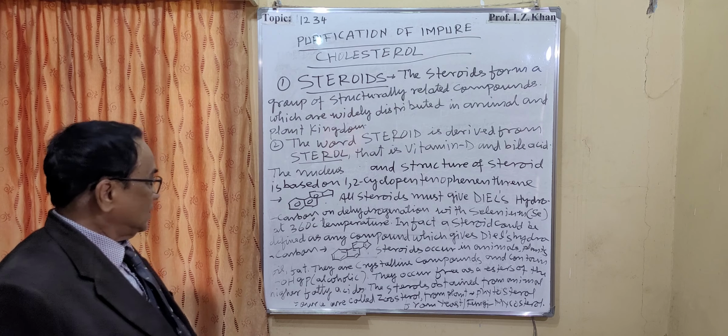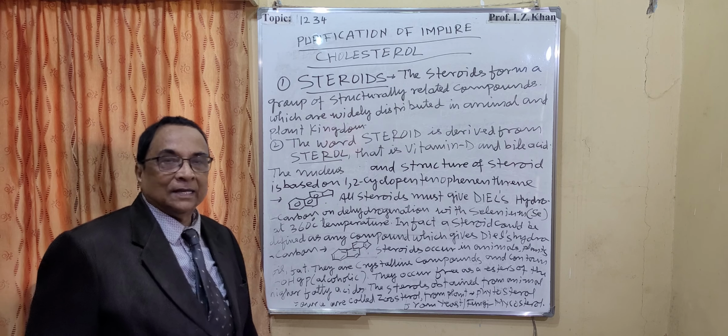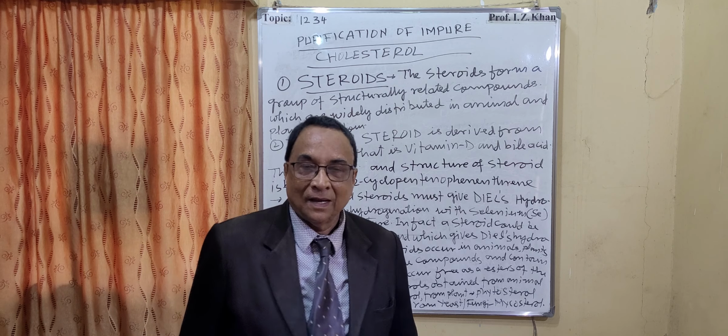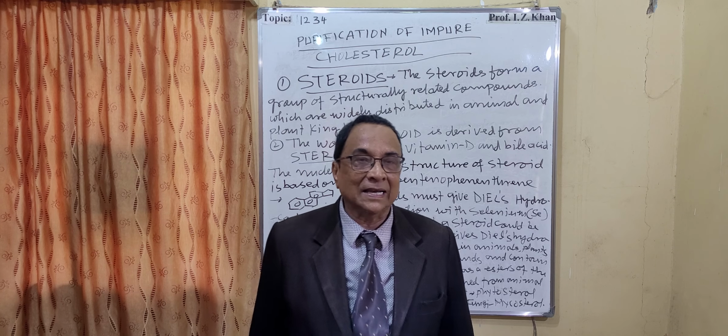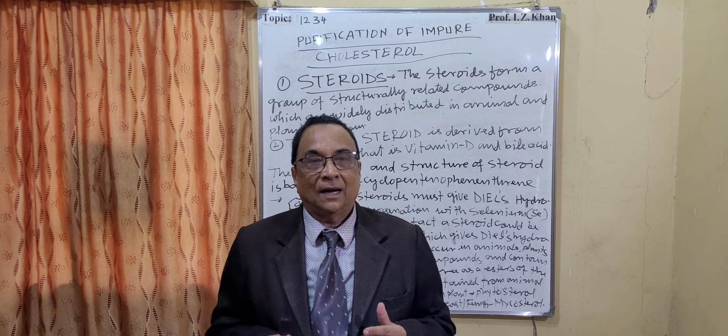The steroids obtained from animals are called zoosterol, the one obtained from plant source is called phytosterol, and the one obtained from yeast or fungi is called mycosterol.